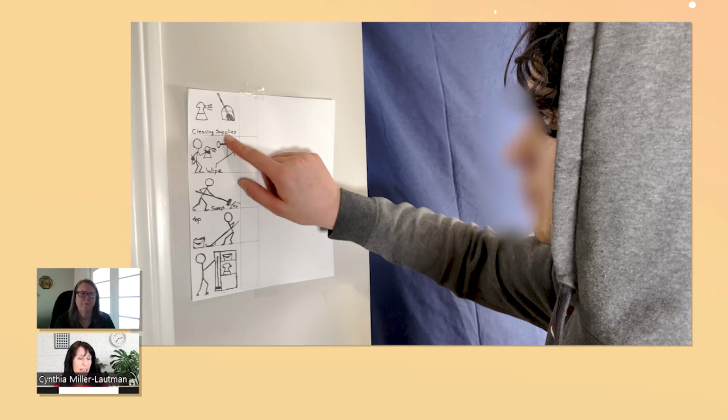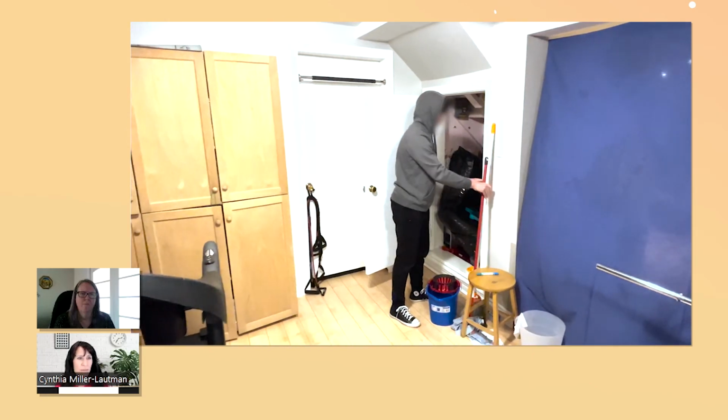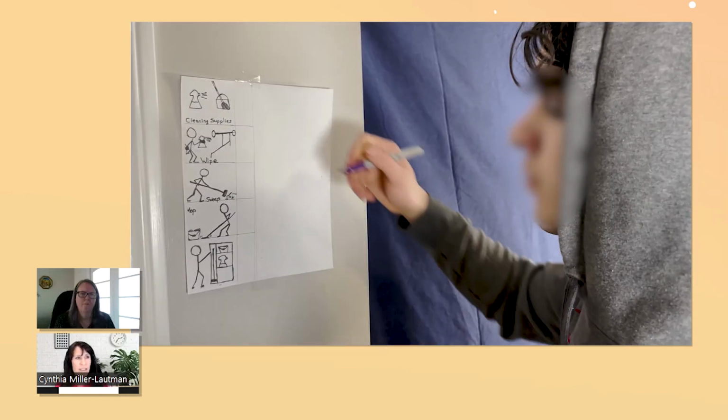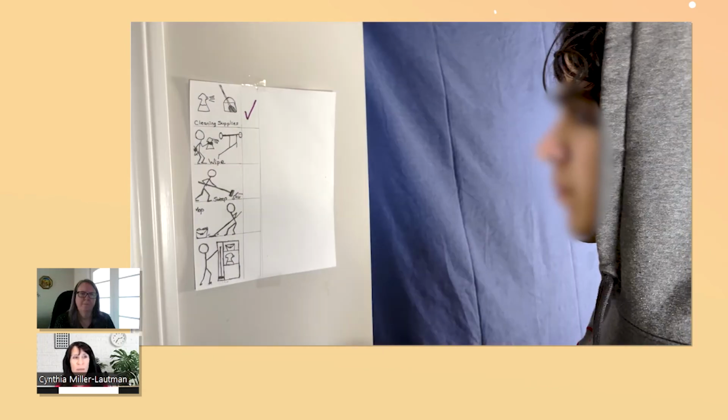So they determined to write out a visual schedule, and we tried that together to see if it would help him. Watch closely how he likes the feeling of checking something off. So this was added to his visual schedule. Like what Amy showed you before, to show that it's done, watch how he checks off how it's done. So that was getting out the cleaning supplies. Next is wiping the equipment down.